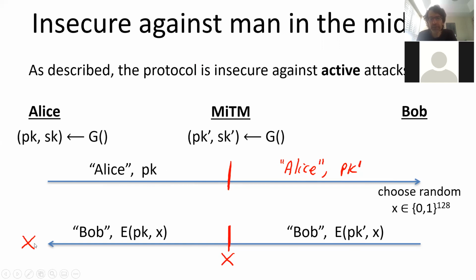Alice will take the ciphertext, decrypt it, and get X. And what's even worse is that even if Alice and Bob could authenticate this key X, that wouldn't be helpful because they actually do have the same key X. The problem is that the adversary also has the key, right?